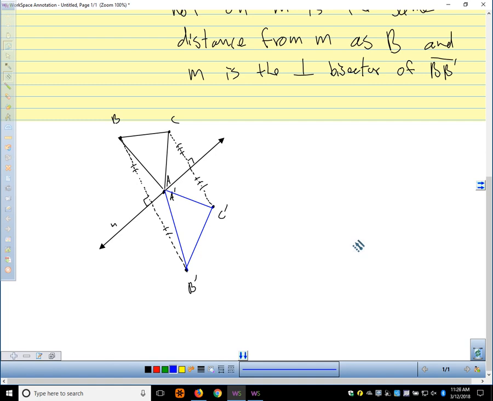And that would be the reflection of ABC over the line. And we write capital R for reflection over line M of triangle ABC equals triangle A prime, B prime, C prime.